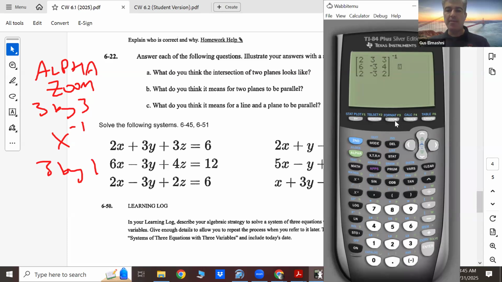So you hit alpha zoom again and type in the other numbers: 6, 12, and 6. And it gives you the answers. So x is 1/2.